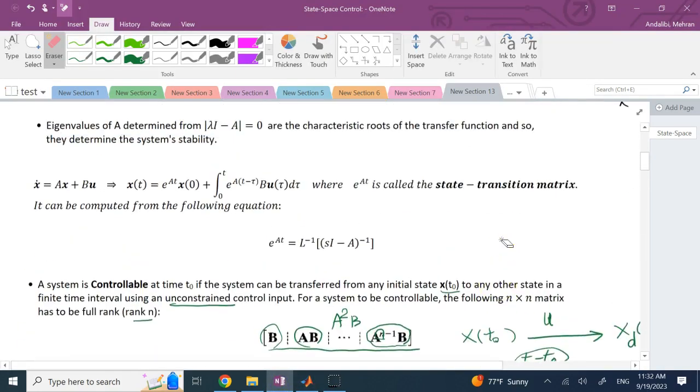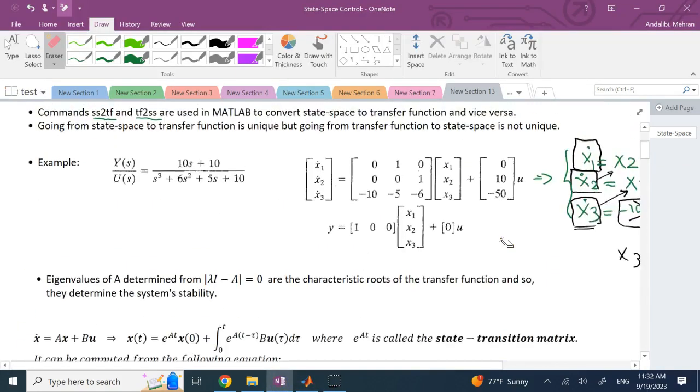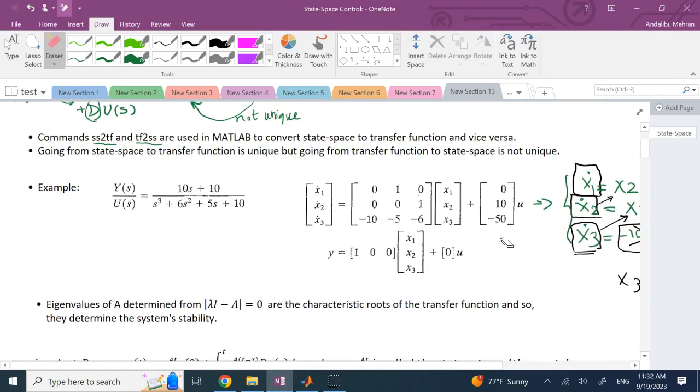Again, you might ask, how could you explain that based on these equations? Let's take a look here. What is the output? In this case, your output is x1. So if you observe the output, it means you know what x1 is. But if you know x1, could you also guess x2 and x3?